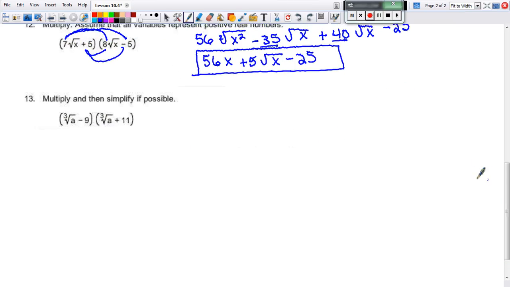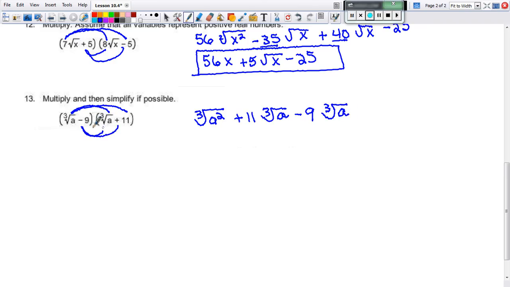And the next one, I have cubed roots. So a times a is a squared. And then the cubed root of a times 11 is 11 times the cubed root of a. And then negative 9 times the cubed root of a is negative 9 times the cubed root of a.